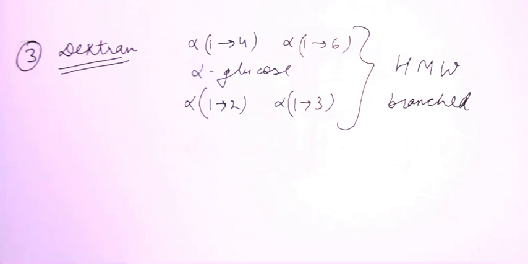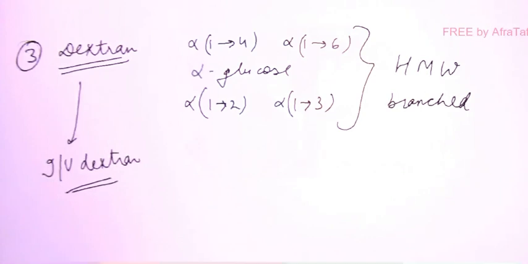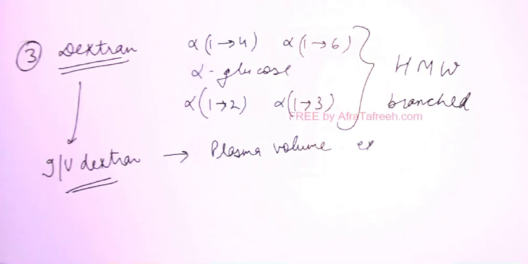So therefore this dextran, see, intravenous dextran is used. If I give intravenous dextran, it will not be broken down, right? And it is a high molecular weight compound. It will stay in the intravascular fluid. So this IV dextran is used as plasma volume expander in patients of hypovolemic shock.